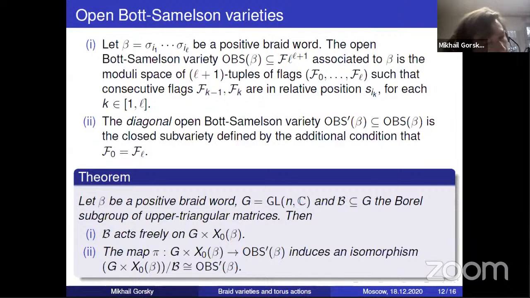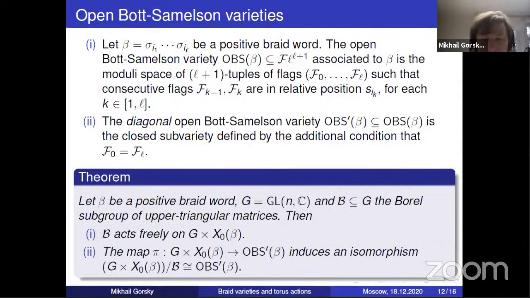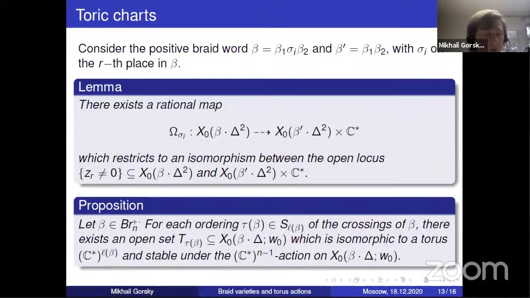So our braid varieties recover augmentation varieties, at least with some choice of marked points, and up to some group actions recover diagonal open Bott-Samelson varieties. And now I proceed to toric charts and stratifications.